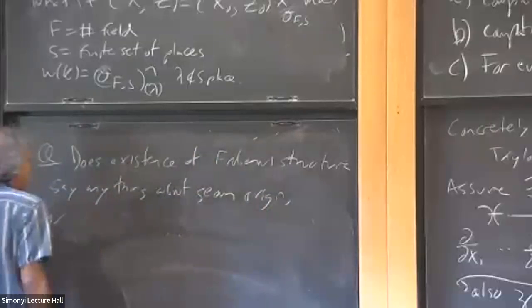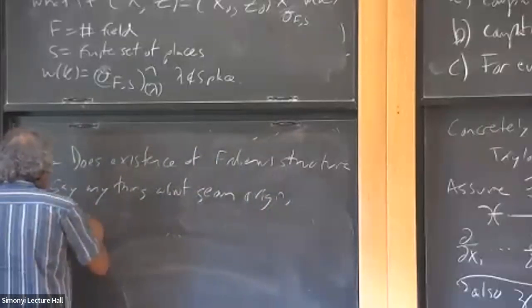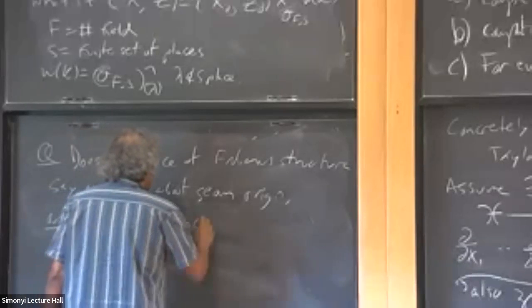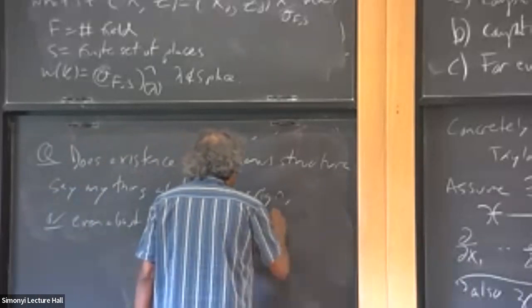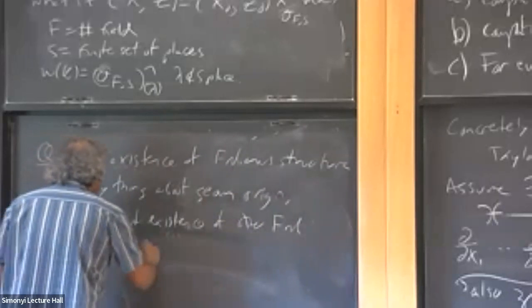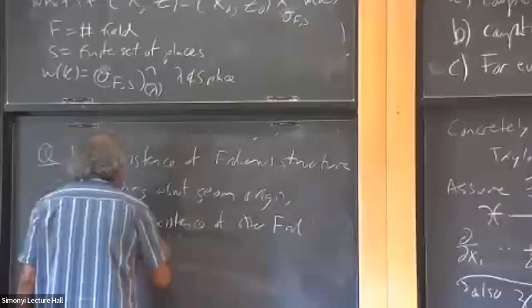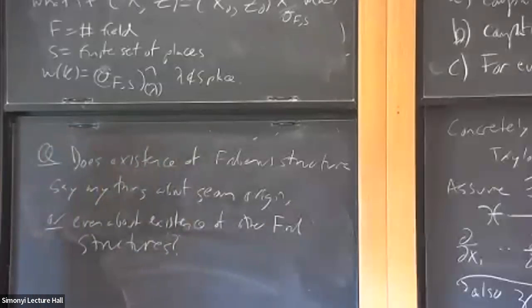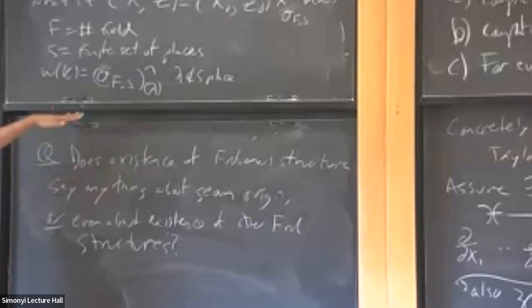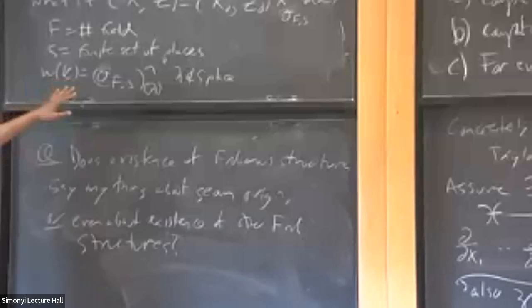Or, a much less ambitious question, even about the existence of other Frobenius structures. If I have some connection that really lives in geometry in characteristic 0, then it won't have a single crystalline Frobenius.